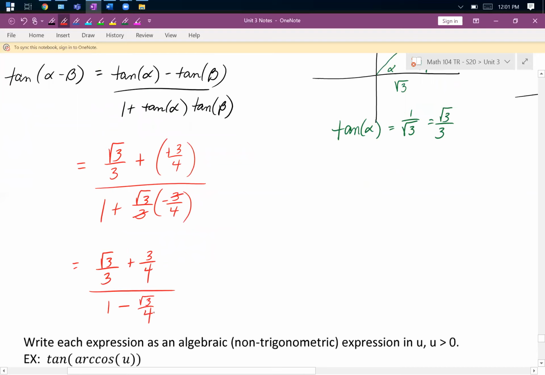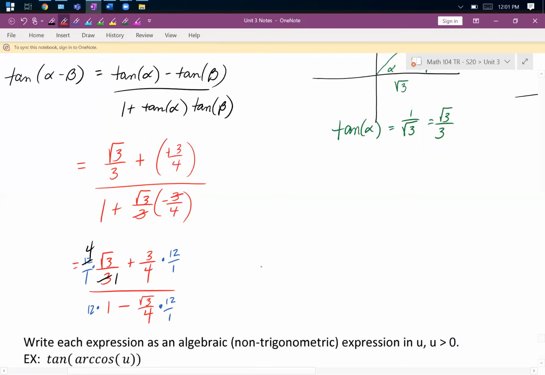We want to simplify this complex fraction. We do so by multiplying each individual fraction by the LCD of all the fractions. So we're looking at denominators of 3, 4, 4, and 1. The LCD is 12. And we're doing some simplifying here. 3 goes in once, 3 goes in 4 times.